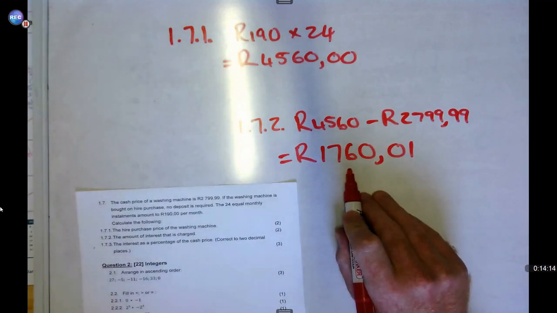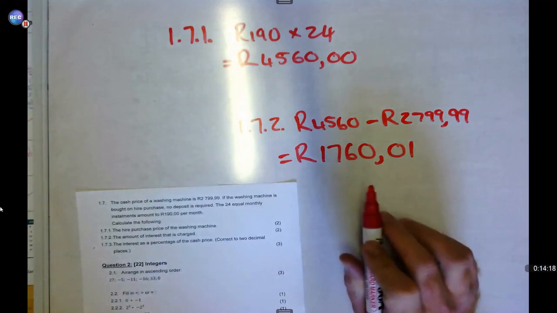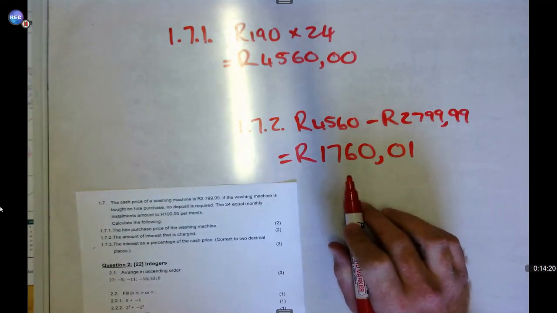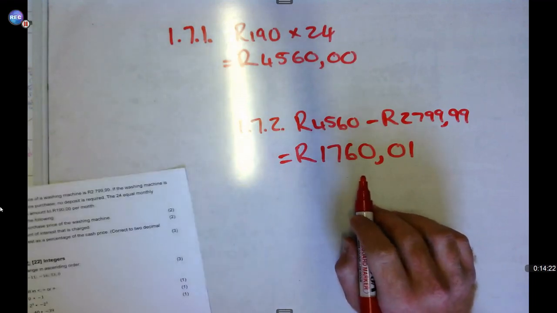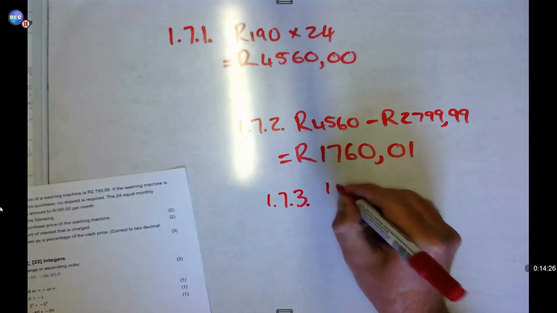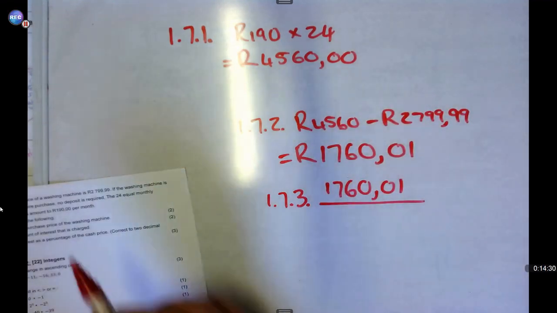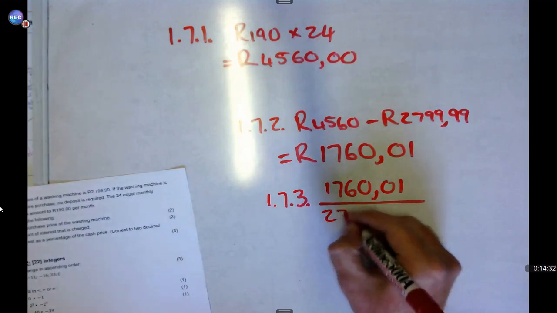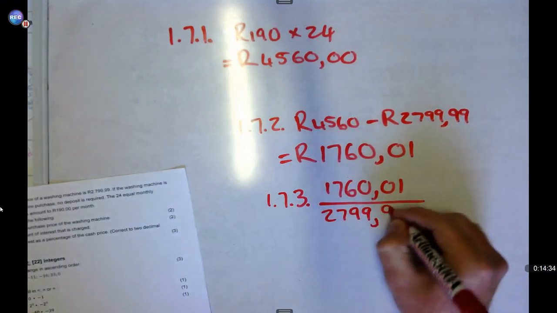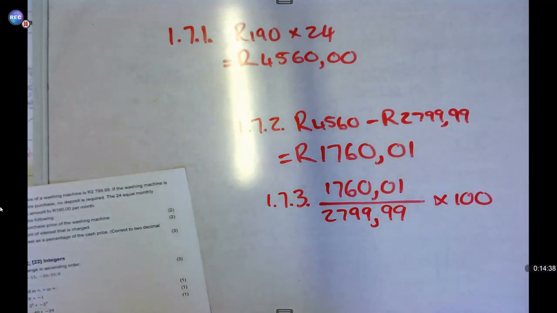So basically what they're asking you is to calculate what the percentage interest would be. So for 1.7.3, you need to take 1760.01 and put it over 2,799.99 and multiply it by 100, because you're calculating a percentage.